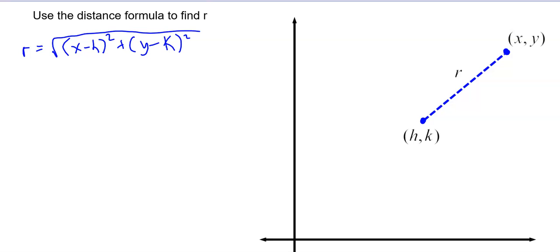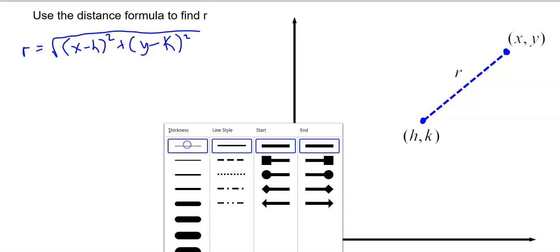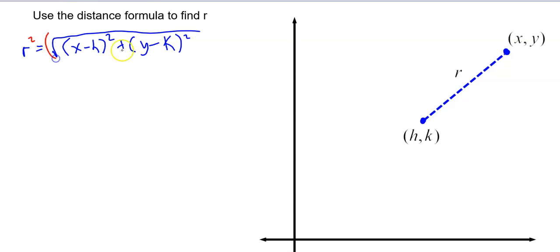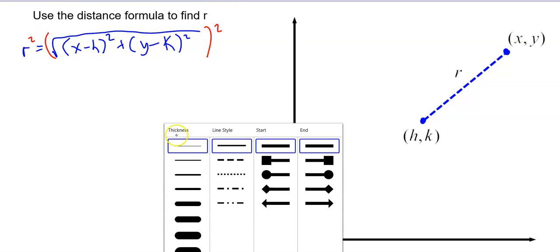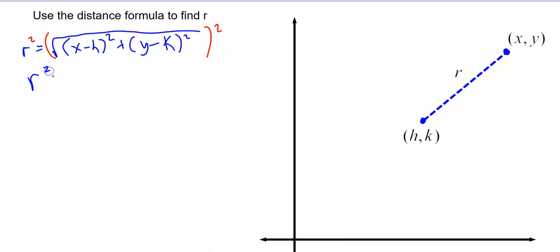And it takes one more step, basically, to derive this formula. If you square both sides, you get r squared equals x minus h squared plus y minus k squared.